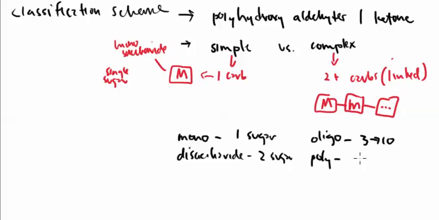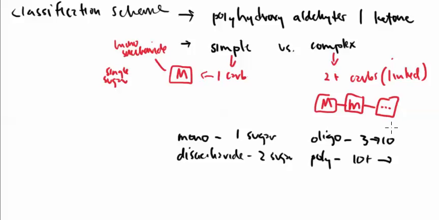These have 10 or plus sugars on them. All right, so that's another classification scheme that we can use. Look at the number of sugars that are hooking up and holding hands, and we can kind of describe how many saccharide structures there are. So if there's one, it's a monosaccharide. If there's 18, then it's going to be classified as a polysaccharide. If there's 7, then it's going to be classified as an oligosaccharide. So that's another part of the object of this lecture, because we just want to feel comfortable with the face of the carbohydrate in the beginning.